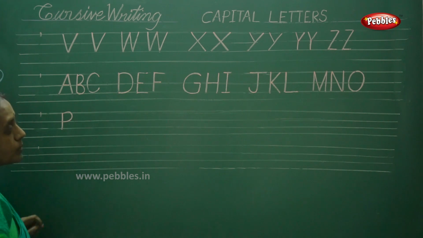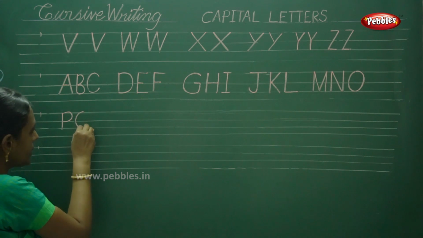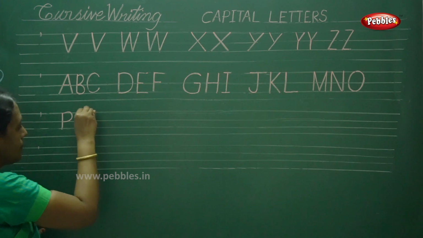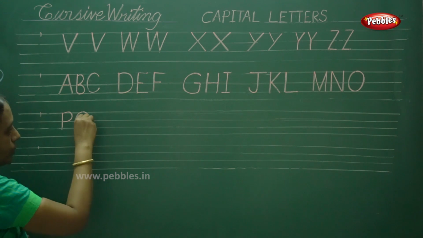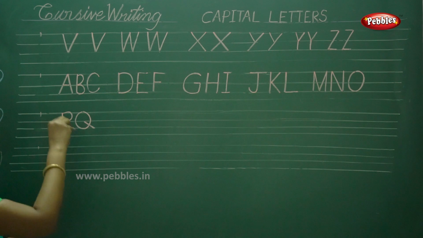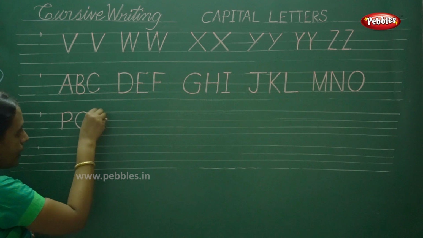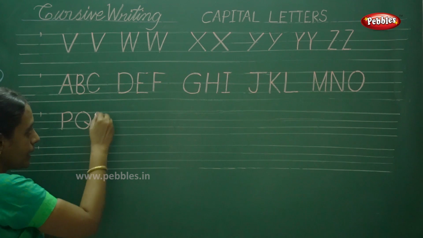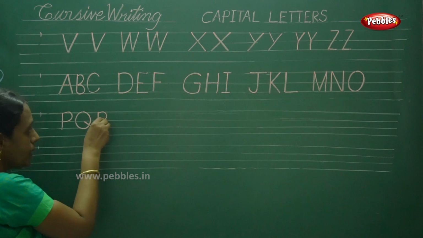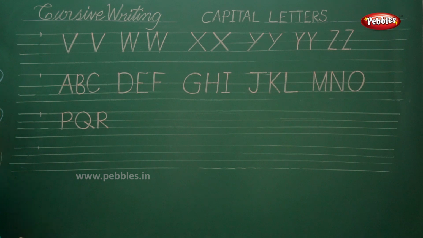Next Q, that is similar to our O, so the starting point and end point are the same. And for Q, you should draw one slanting line as a tail. And R is the same as our P: a straight line, a small right curve and a small slanting line. Now you have finished P, Q, R.